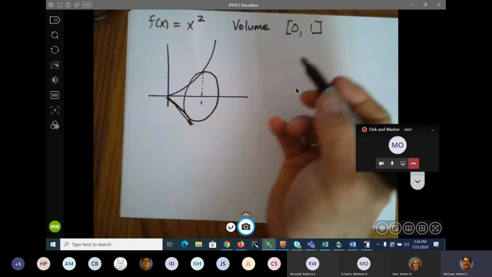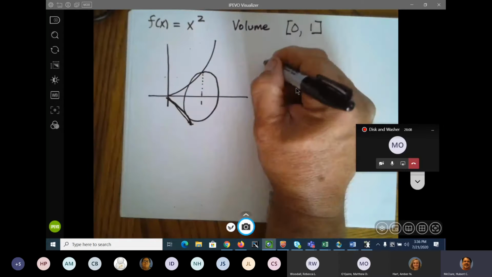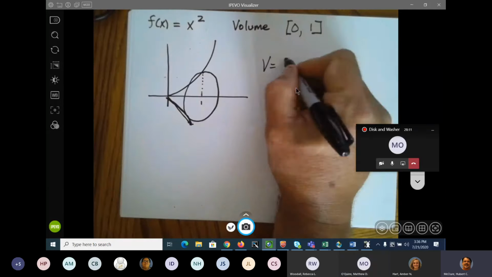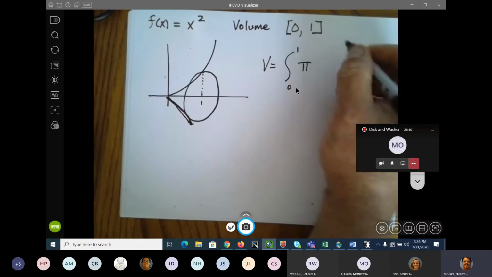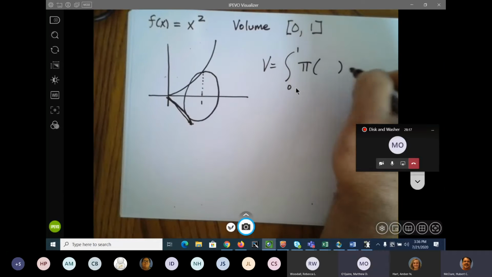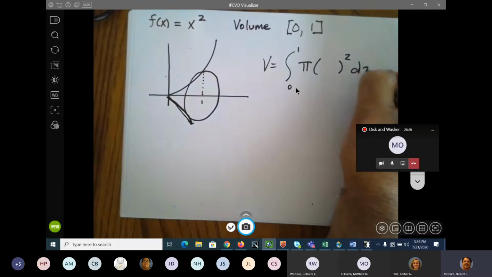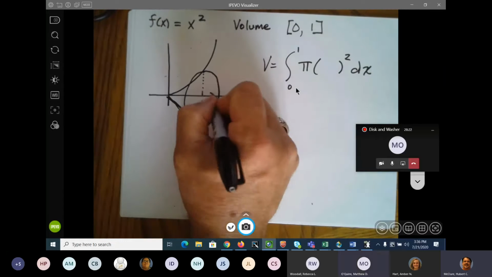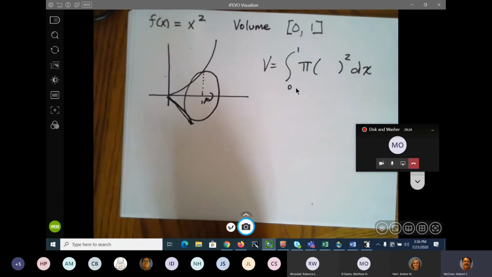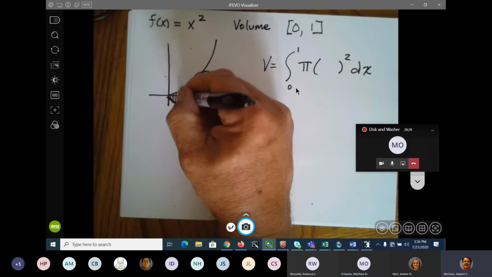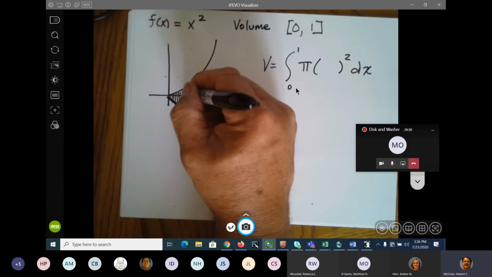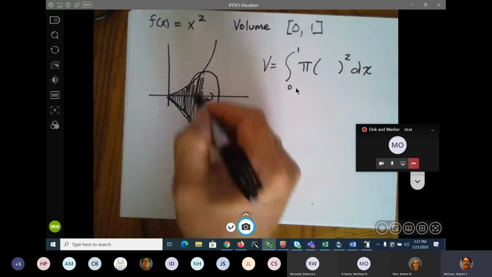And the volume is equal to the antiderivative from 0 to 1 of pi, parentheses squared, dx, because you're going around the x-axis, and that disc is filling up this area right here. It's a hairline, and it's just filling it up till it gets to the center.